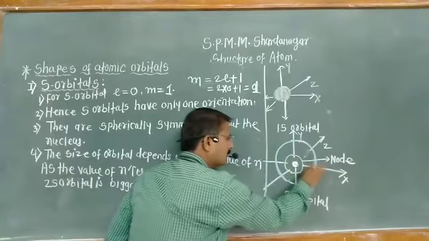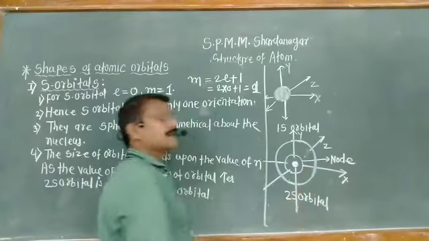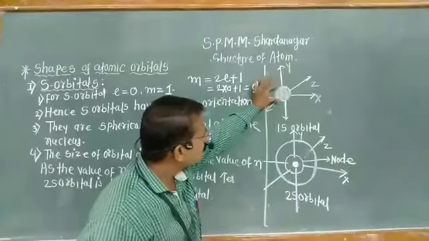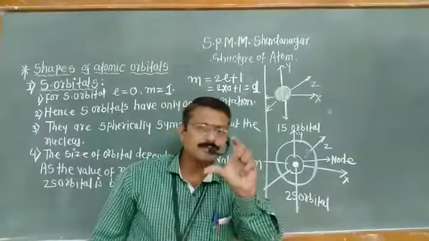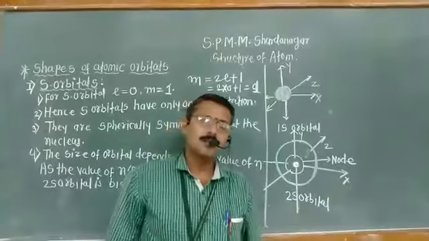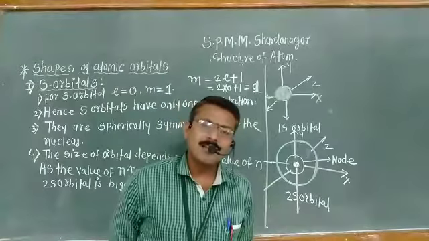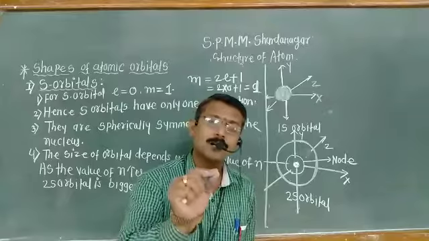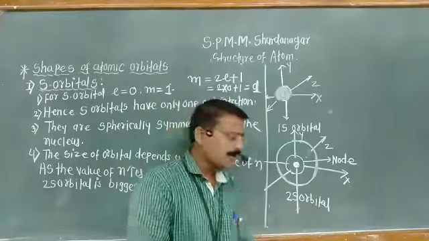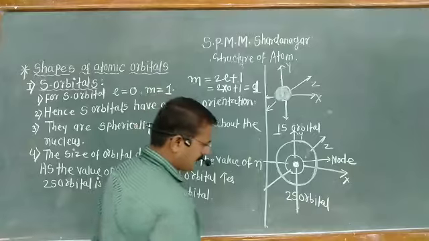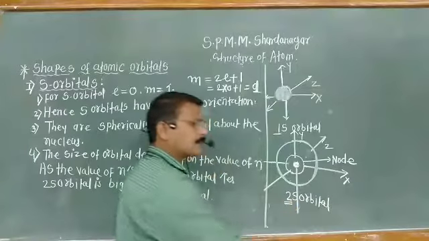When we observe this figure, we say that the size of the 1s orbital is smaller compared to the size of the 2s orbital. From this we can say that as the value of the principal quantum number increases... What is the value of the principal quantum number here? n is equal to 1. And here? 2.